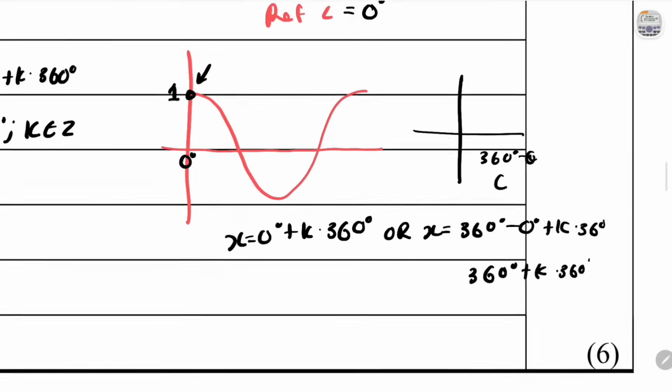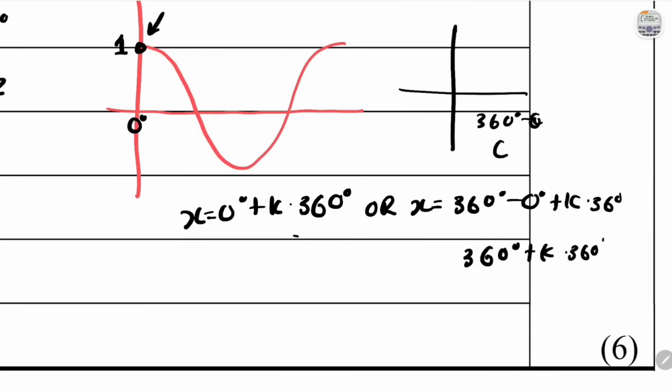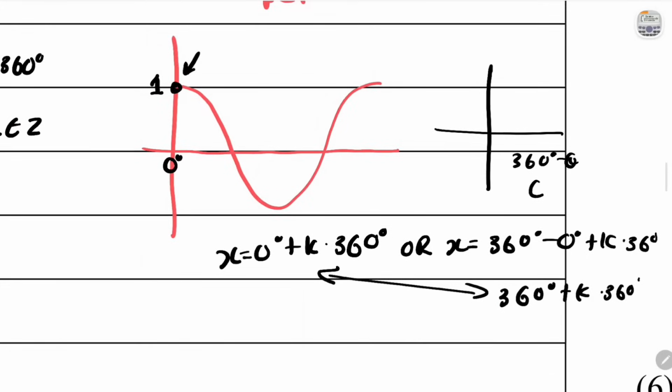Now, the thing with this answer is, it's like a replica of this one. Yes, this says 0, but think about it like this. If we're at 0 degrees, we're saying this is one solution that we're going to find here. This is a place where the y value of the cos graph will be equal to 1. But we already said plus k 360 degrees, meaning we are still accounting for the repeated solution every 360 degrees.